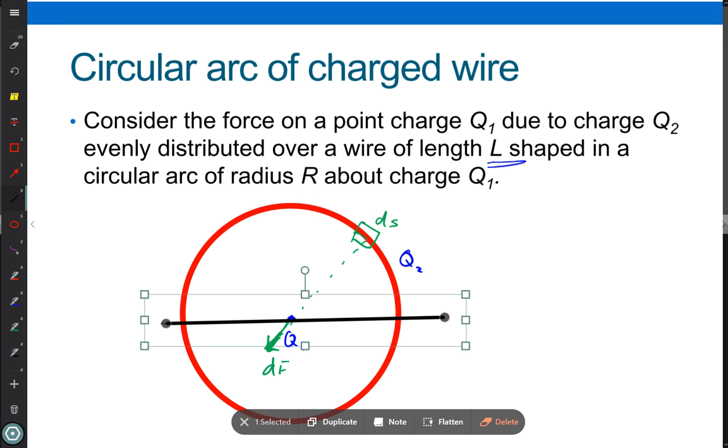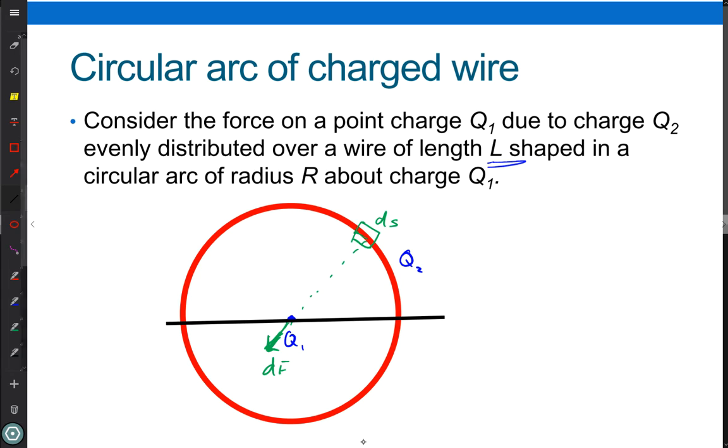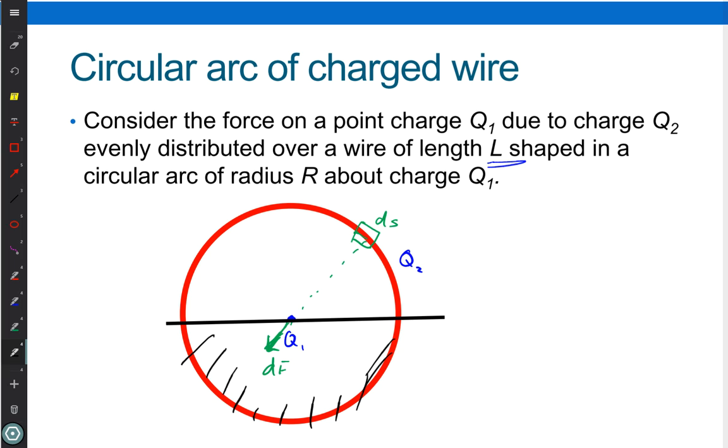So I'm just going to cut it off like this and say that all of this down here doesn't exist. I was going to try to make a white box to cover it, but yeah, fail. So in that case, what would you be able to tell me about the net force?